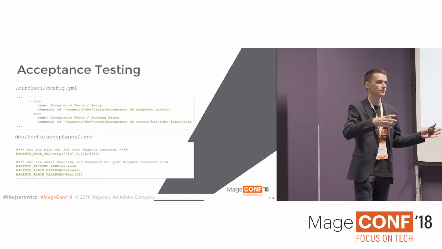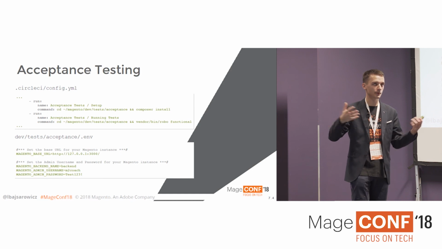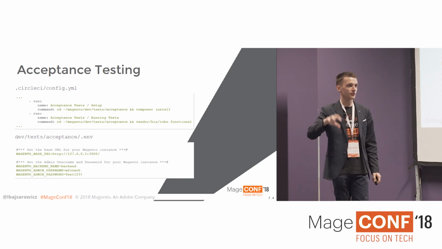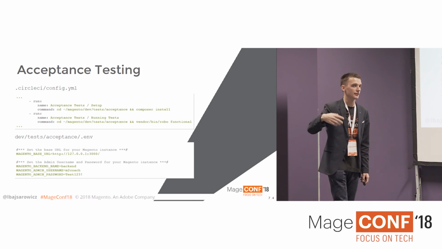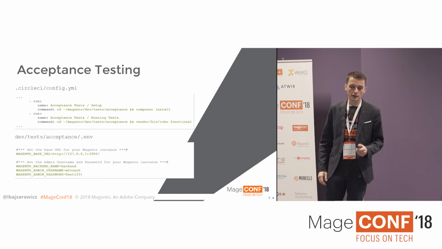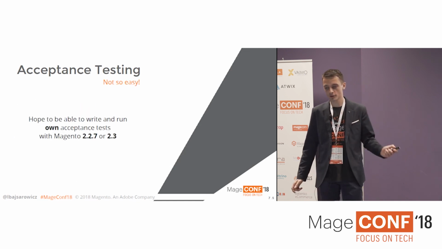So it tests both backend and frontend. Backend, I mean the admin panel, and frontend. It clicks each button, fills the forms and checks if the validations work. So in theory it should work, but it's not.